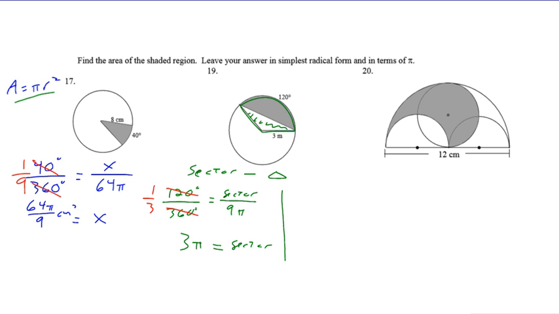The area of the triangle is going to be half the base times the height, or the altitude. So for this particular triangle, I know this is a 120-degree angle. I also know that it's an isosceles triangle, which means that these are 30 each.